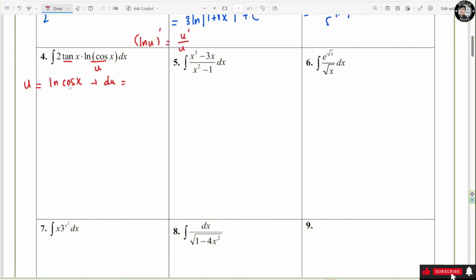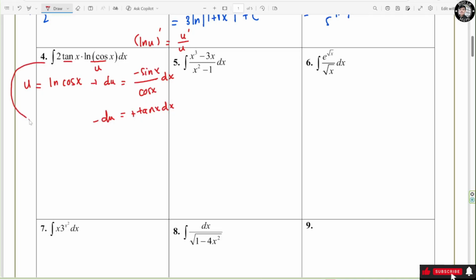So u prime, which means the derivative of cosine, is going to be negative sine s over cosine s ds. But negative sine s over cosine s is negative tangent s ds, so I'm going to multiply both sides by negative 1, so negative du equals positive this one, right?